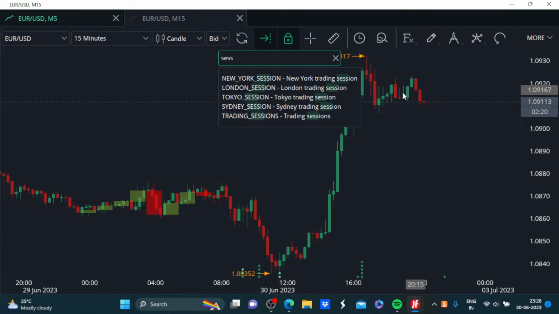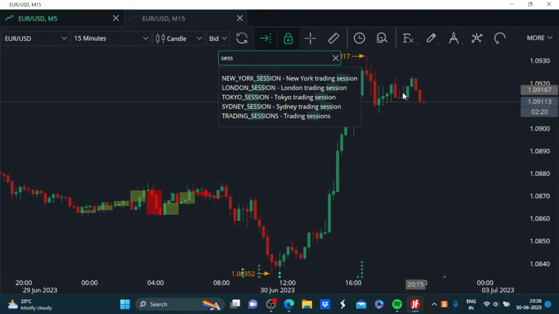Alright, so this is the combination where we get the information regarding the closing and opening times of all four major sessions, the Sydney, Tokyo, London and New York sessions, where we get to see the opening hours and the closing hours listed.